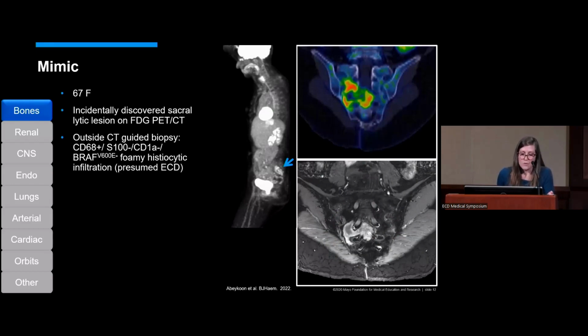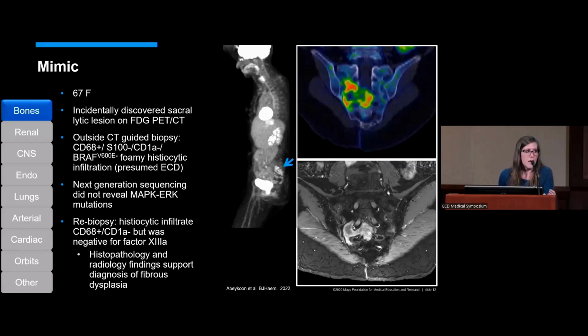She underwent an outside CT guided biopsy, and it showed some features that led them to a presumed diagnosis of ECD. She was BRAF negative, so she underwent next generation sequencing. It didn't reveal any MAPK mutations.